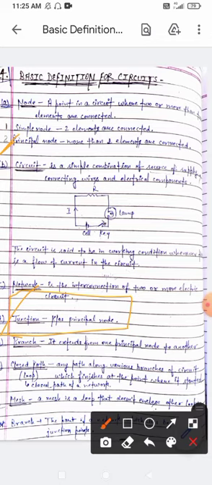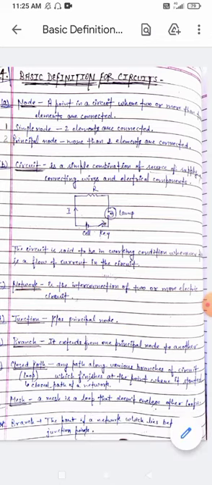Next is branch. Let's suppose we have a figure in which there are two principal nodes. From one principal node to another principal node, the path is known as branch.